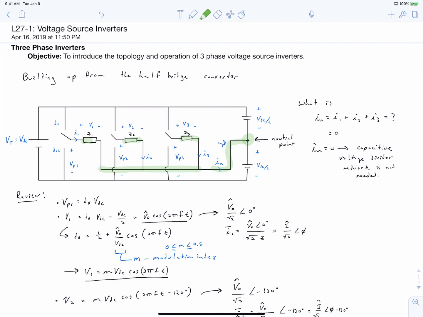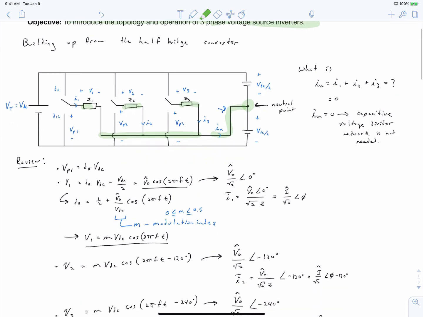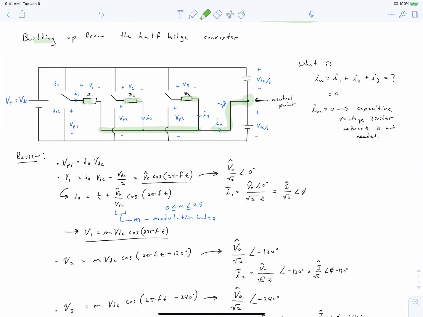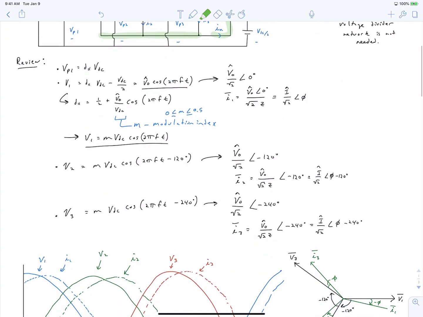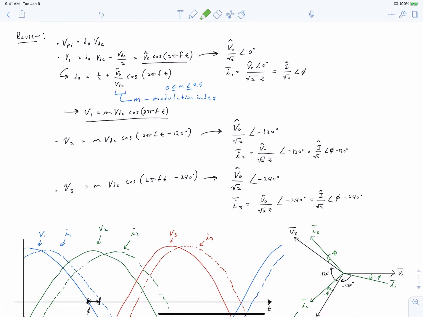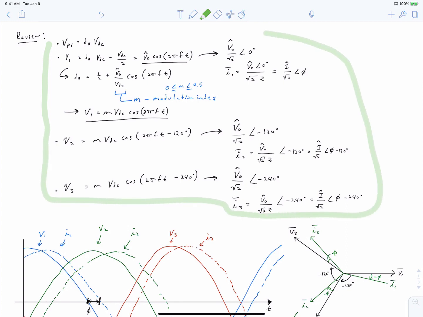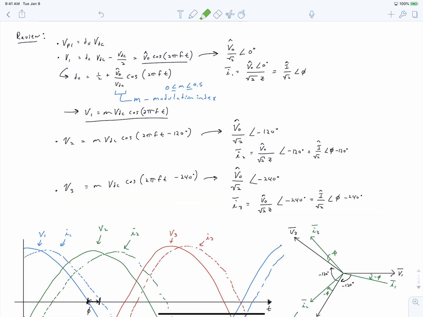To wrap up, we've introduced the topology and operation of 3-phase voltage source inverters. We've done this by building up from the half-bridge converter into a 3-phase converter. And then we've reviewed how a half-bridge converter operates and used this to extend into the operation of a 3-phase converter that is pulse width modulated.